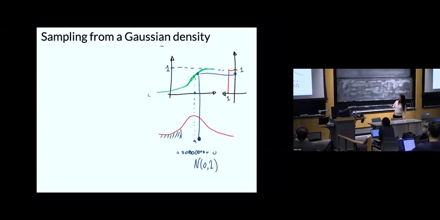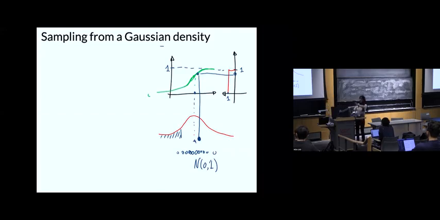So for every value on the x-axis, the y will be the area under the curve that lies to the left of that value, because this is precisely the probability with which any sample will lie to the left of the input x. Is that clear? This is just from the definition of CDF.